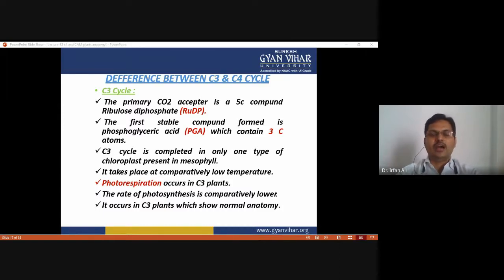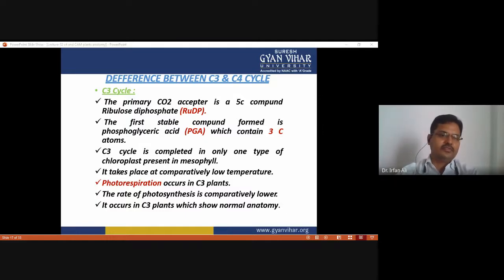That's why another molecule, phosphoglycolate (PG), is formed in these plants, and this requires some additional steps and additional energy to metabolize, and ultimately the phosphoglycolate is broken down and releases carbon dioxide. So this is the photorespiration process that occurs in the C3 plant.